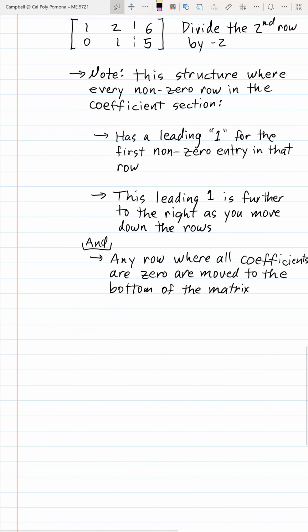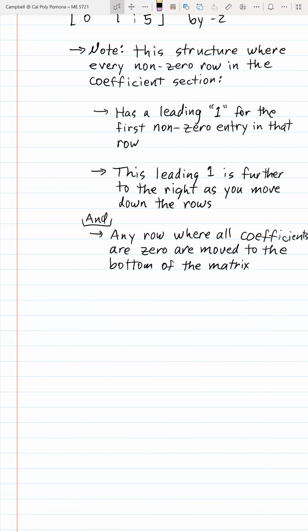And this in particular, let's move it out indentation wise. I guess I'll move it out just a little bit. So this in particular is called row echelon form.